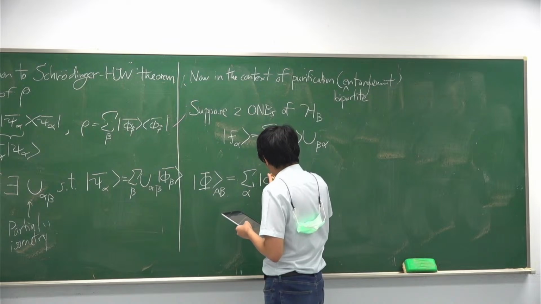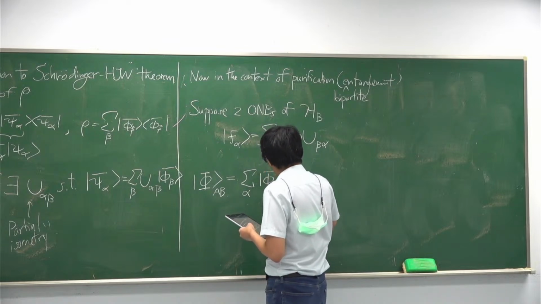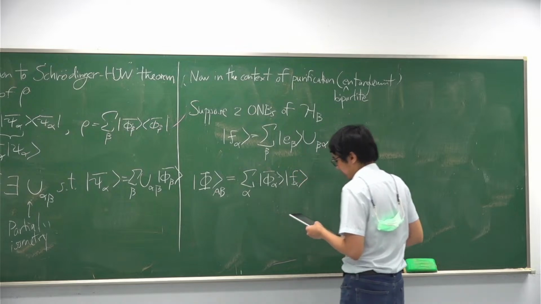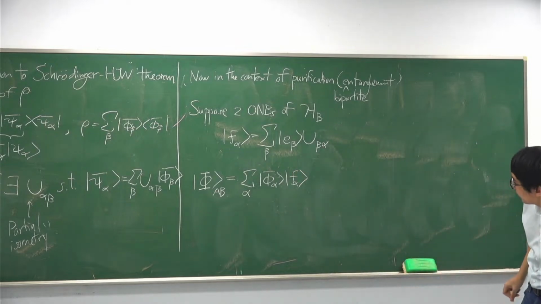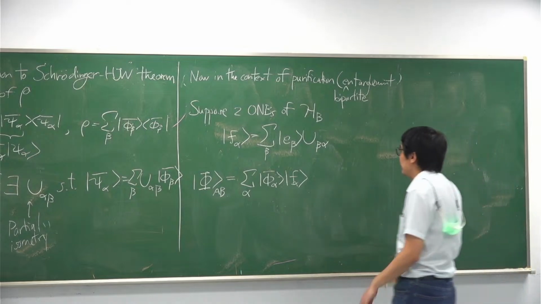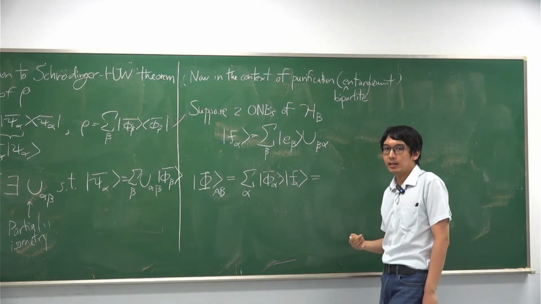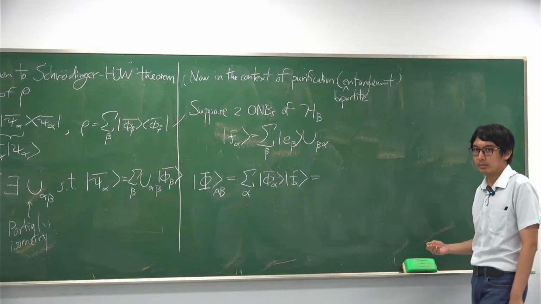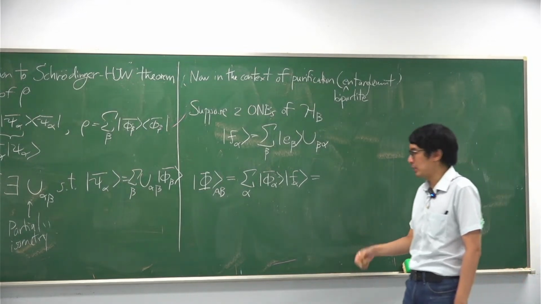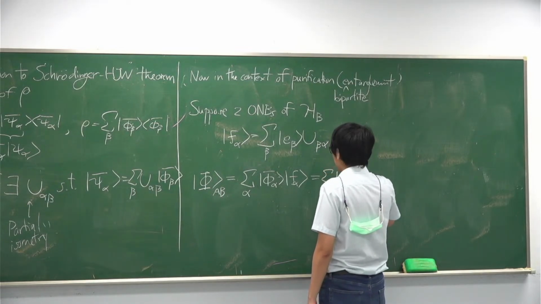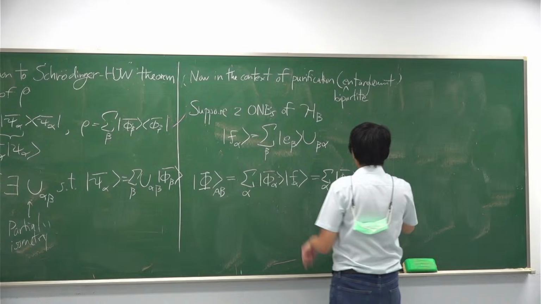Let's see, if I have this purification here, and then I try to change the basis, I can think of this as a physical action on Bob's side, right? On the Hilbert space B. Then I rewrite this here.